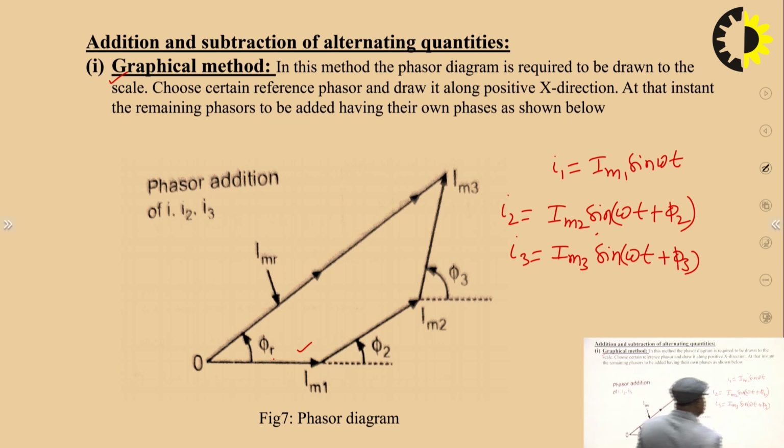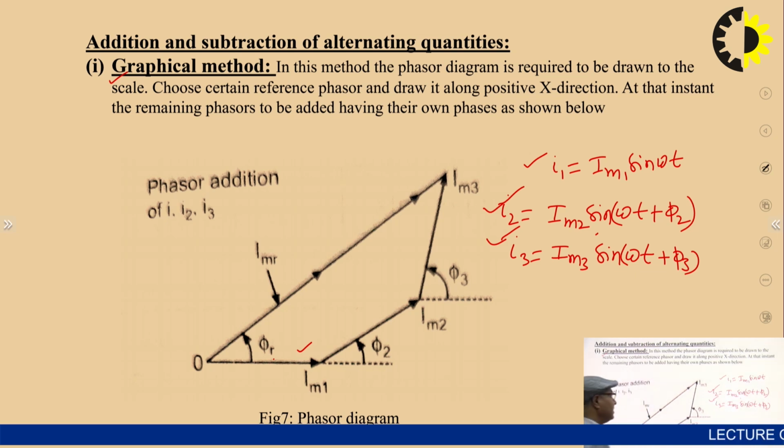We have three AC quantities given. How to add them? They are given in sinusoidal form, all three in standard form, with no negative and no cosine.